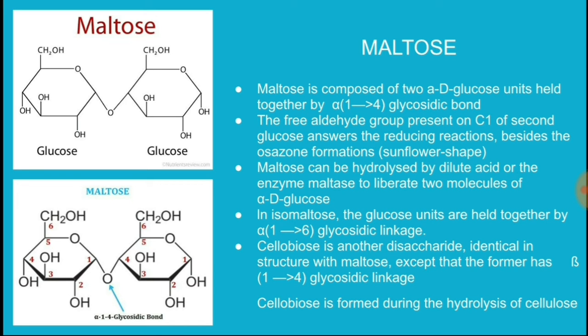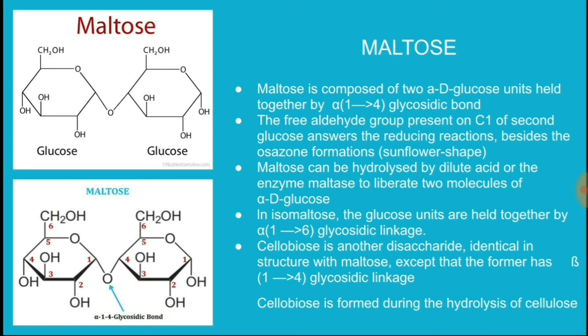There are various types of maltose, which are isomaltose and cellobiose. So what is isomaltose? It contains glucose units which are held together by an alpha 1 to 6 glycosidic linkage. And cellobiose is another disaccharide which is identical in structure with maltose, but with a difference only in the beta 1 to 4 glycosidic linkage.